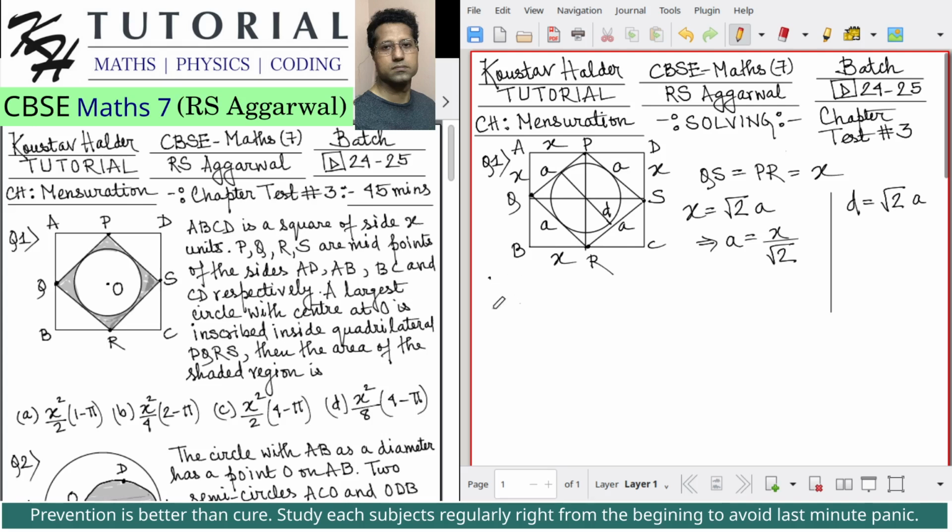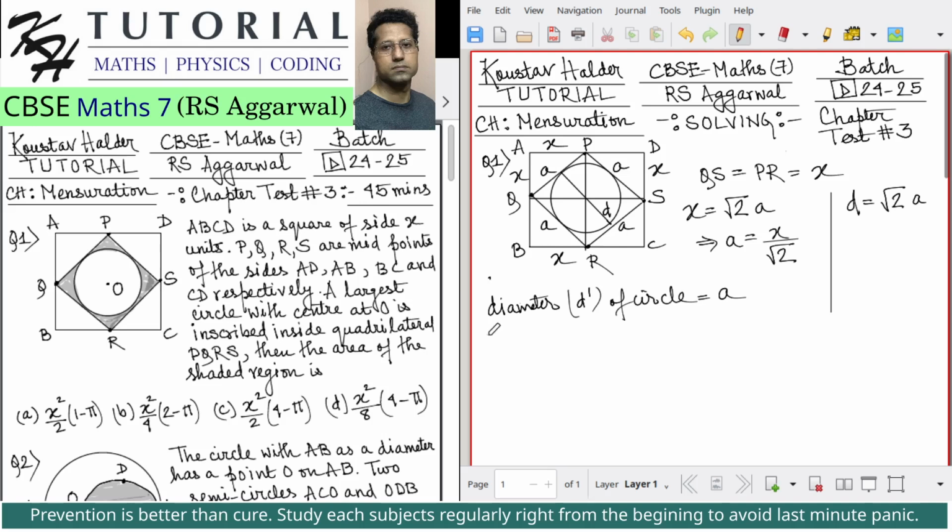So we can say that, let's denote the diameter of the circle to be d dash. Diameter of circle, d dash, will be equal to a, where a is the length of each side of the square PQRS inside which the circle is inscribed.